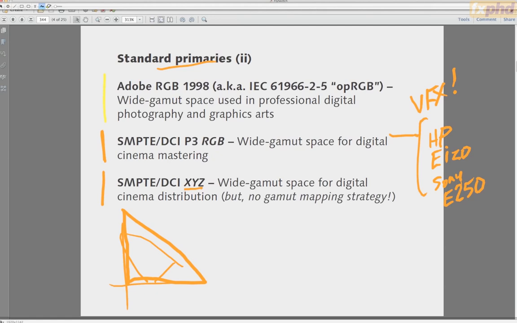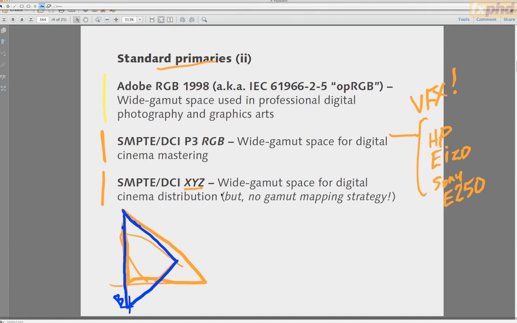And also, we should mention ACES space, which is basically the same sort of space, but using a different blue primary way down here. And we'll talk about that as we go.